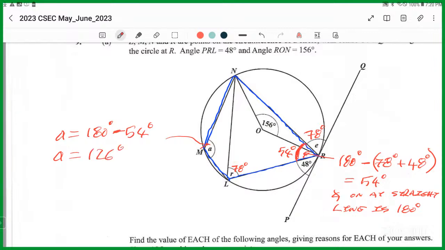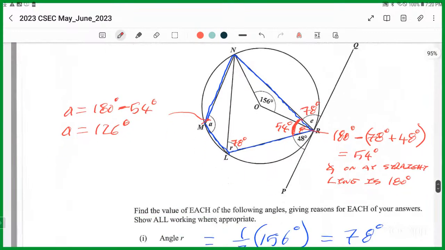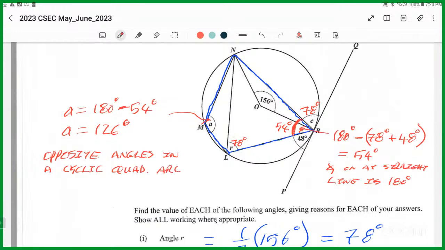Why? Because opposite angles in a cyclic quadrilateral are supplementary. Good? I'm going to write this one: opposite angles in a cyclic quadrilateral are supplementary.